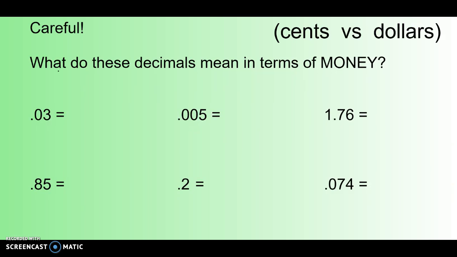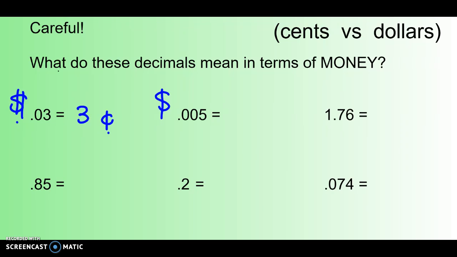So now, just want to talk for a second about money. When you get money on your calculator, we need to know what it means. So if I'm doing a problem in dollars and I get this, I might also say that that is 3 cents. But I can label it with a $ sign or a cent sign, but I have to write it the right way. Or if this is dollars, what does that actually mean?